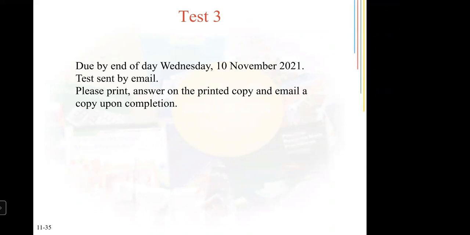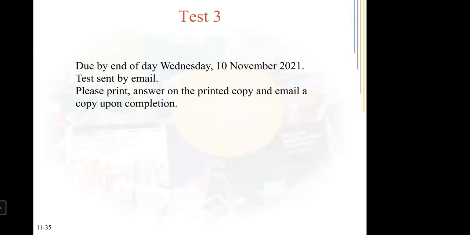Test 3 was supposed to be today, but because we were a little bit behind, we're trying to catch up. So I have it to be emailed to you by midday today. You should get that. I want you to print it, answer it on the printed copy, and email the copy upon completion.